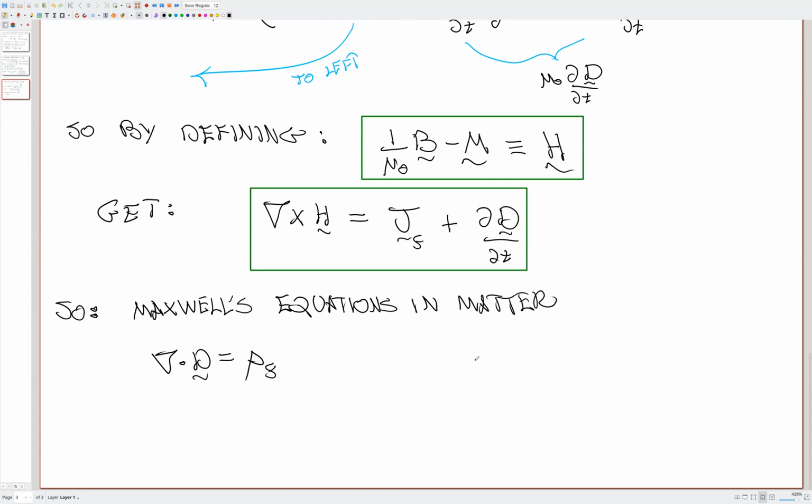I've got the div of B is equal to 0. You see, this one just hasn't changed because it wasn't coupled to matter in the first place. The same thing with the Faraday law. So if I take the curl of E, this is still minus dB/dt. And now the matter version of Ampère-Maxwell is just the one that we wrote above.